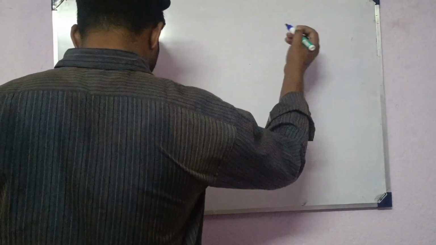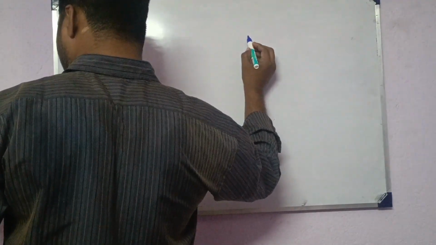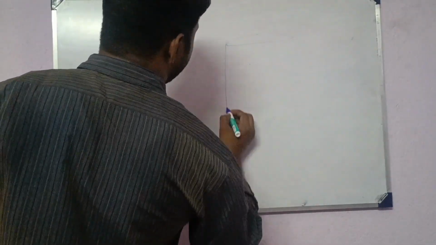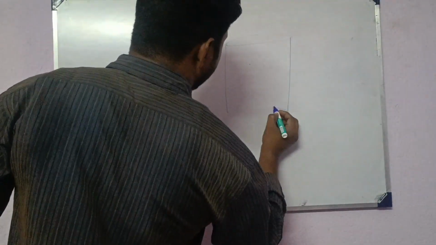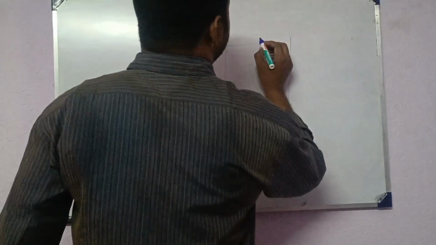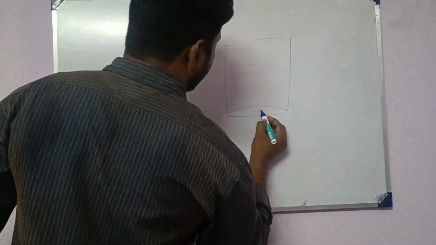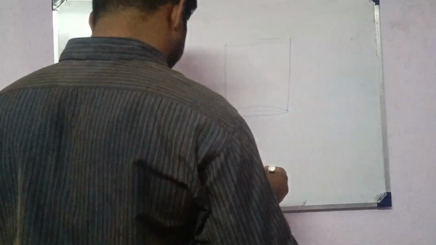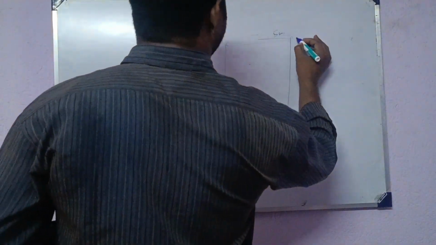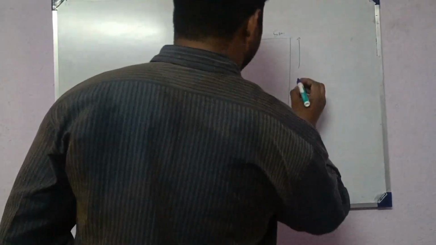So first there was a circular cylinder of radius 5 centimeter and its height is 12 centimeter.